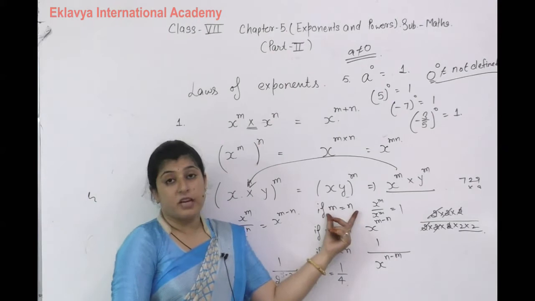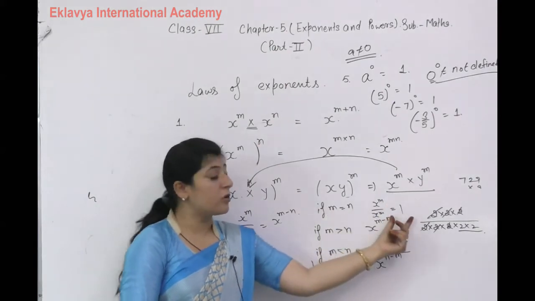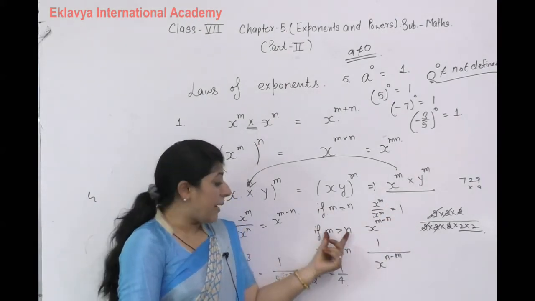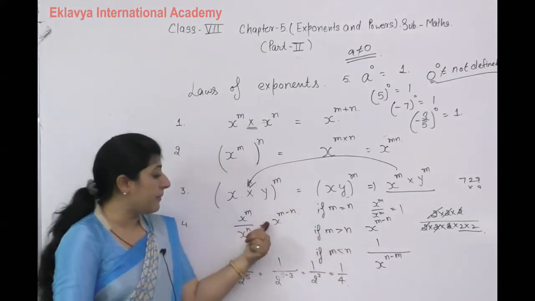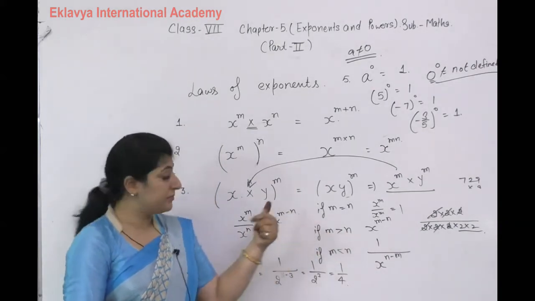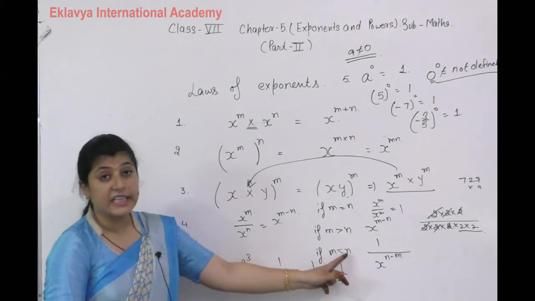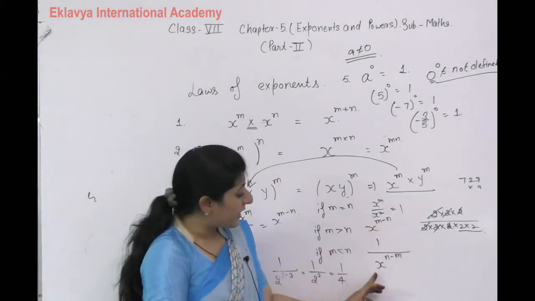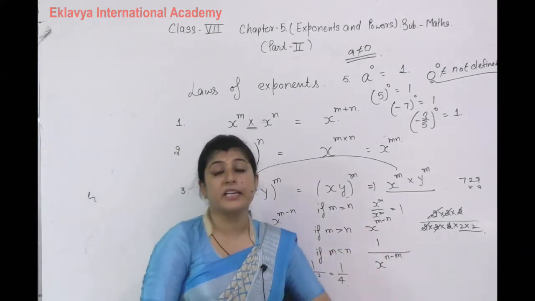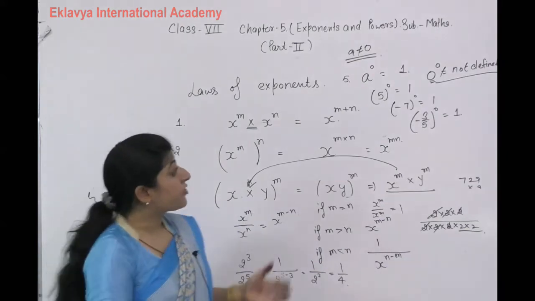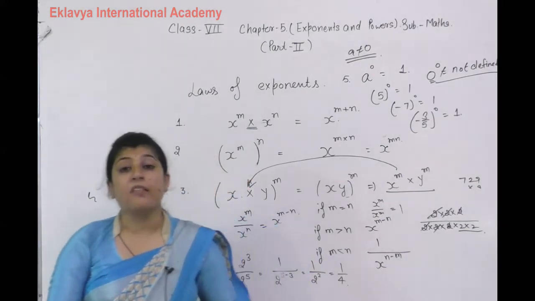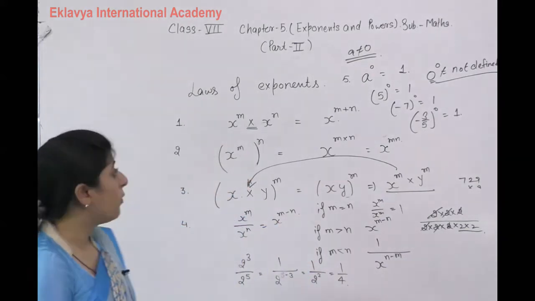If m is equal to n, then it is always 1. m greater than n, then it becomes x power m minus n. m less than n, then it becomes 1 upon x power n minus m. Fifth one, any power 0 is equal to 1.